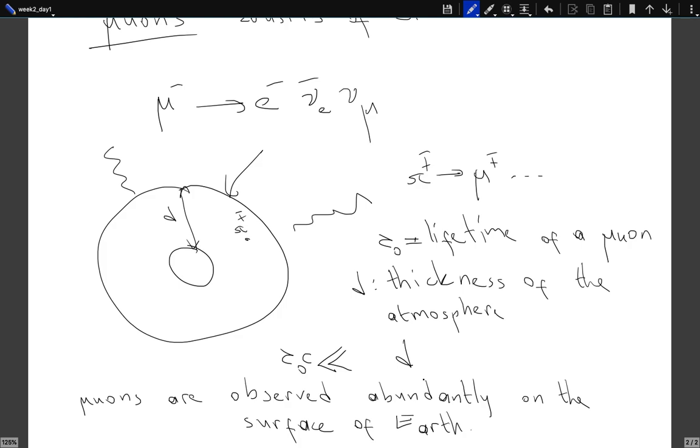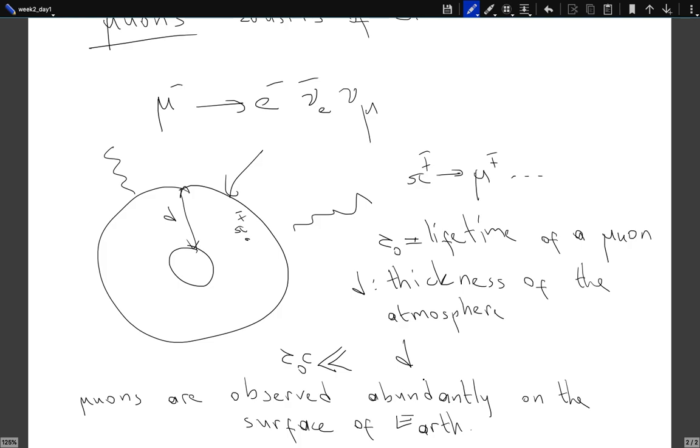I'm not moving, I'm the observer on Earth. There is no length contraction here. It's the time dilation. You see, a muon lives, let's say, 10 to the power minus 10 seconds. During that time, it should be able to cover only 1 kilometer. But since it is moving very close to the speed of light, its clock is ticking very slowly.